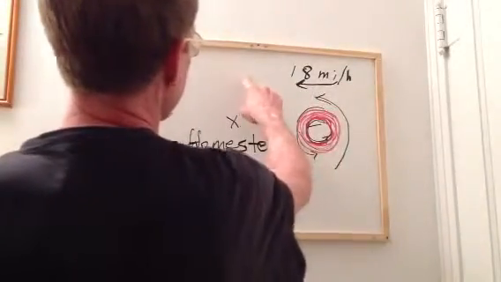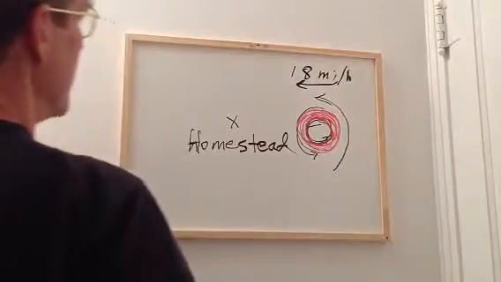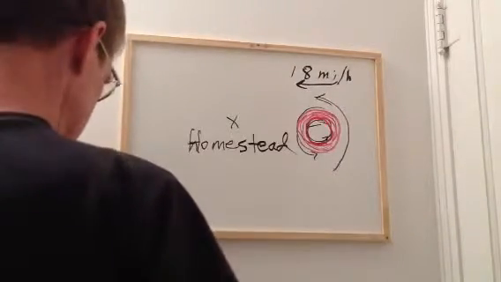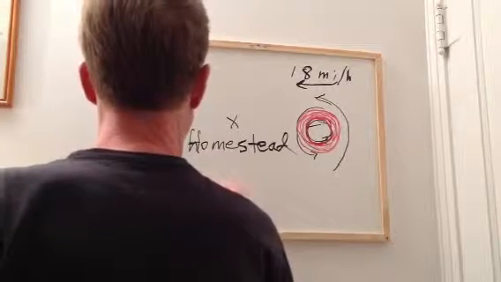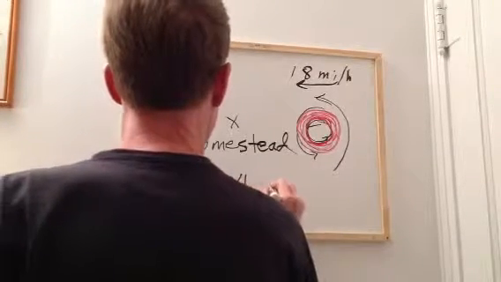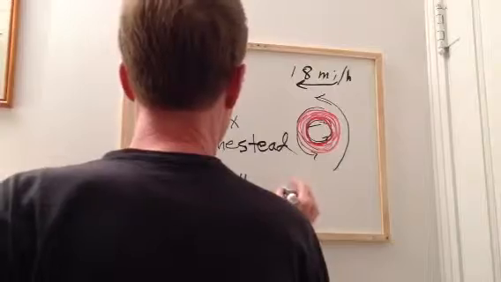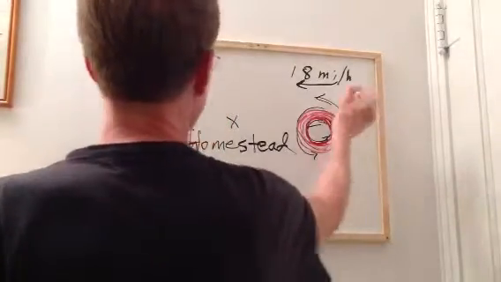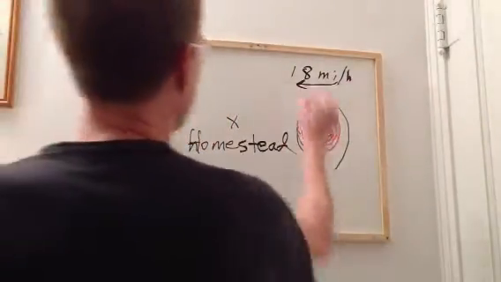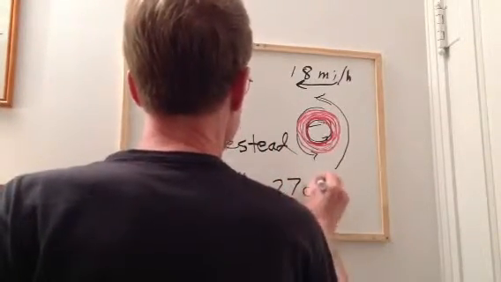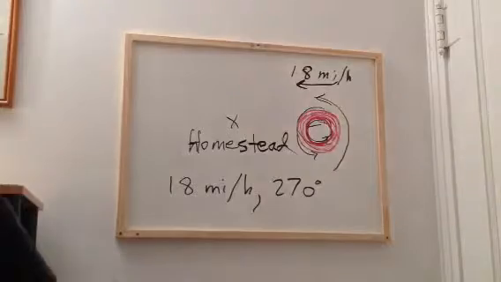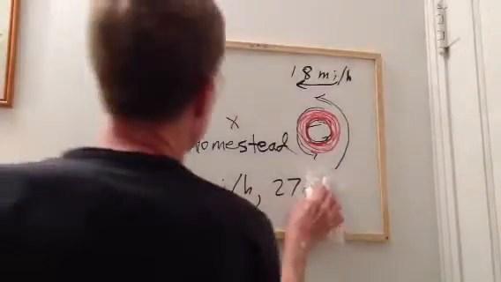Anyway, the vector of the hurricane's motion, we might say, was 18 miles an hour going from east to west, that would be in a direction of 270 degrees by the compass. That would be the vector of the hurricane's motion.